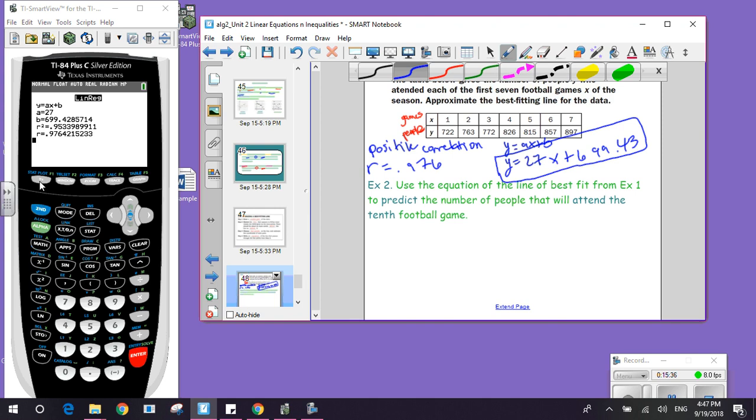Now, if you go to y equals, you see our equation written there, and the calculator doesn't like to round, so it's going to put the entire thing there. And we can change the color if we want so that it stands out a bit.